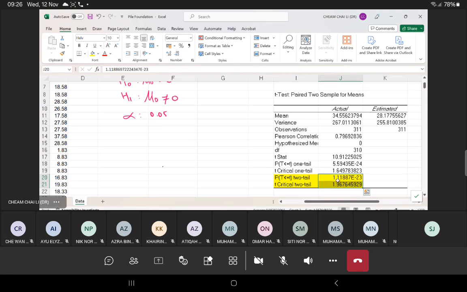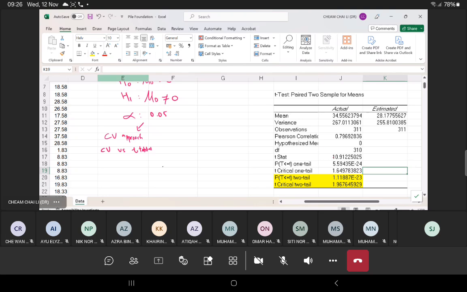So if you see, yang ni you see ada negative kan? Okay, from the output di sini kita dah dapat decision, right? So you can get from here, setakat for ni, if the question asks for the critical value approach, you boleh compare your critical value with the t-test statistic.